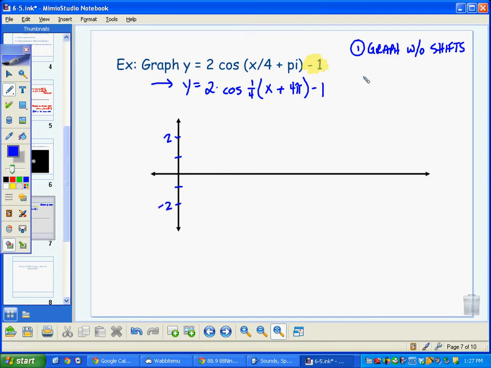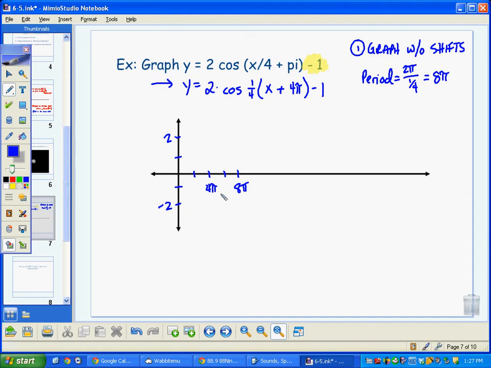The period, well, let's see, period will be equal to 2 pi over 1/4, which becomes 8 pi. So I'll count out 4 tick marks, 1, 2, 3, 4 tick marks, and mark that as 8 pi. Halfway would be 4 pi.